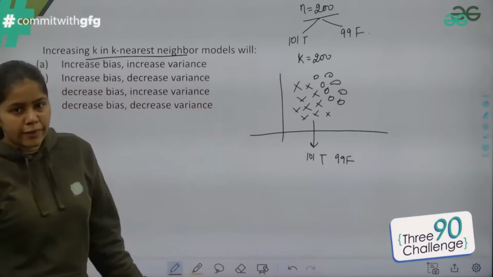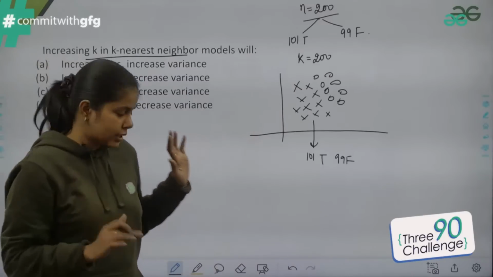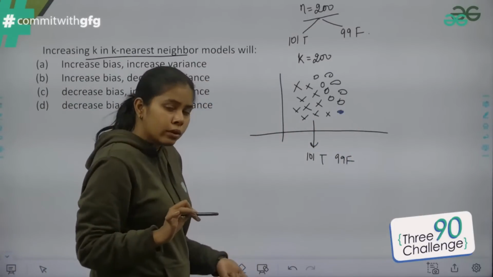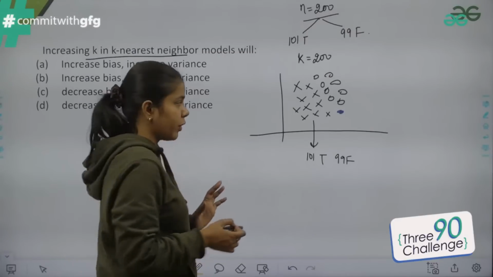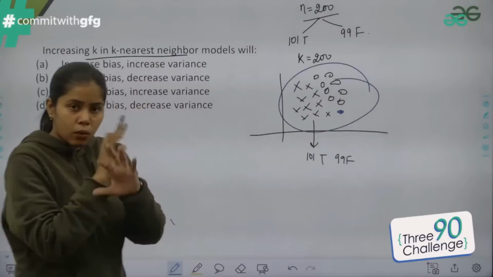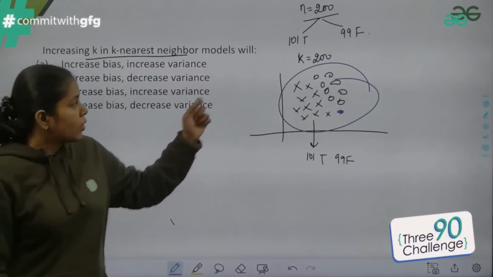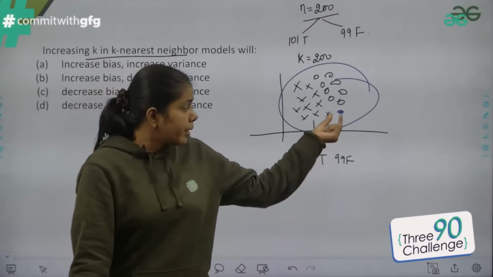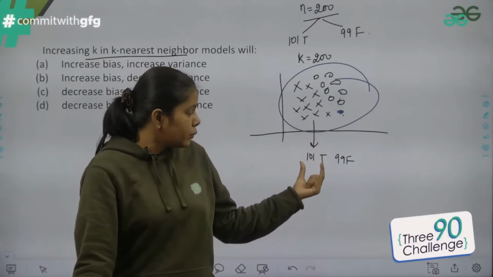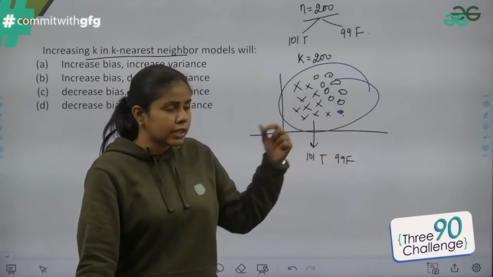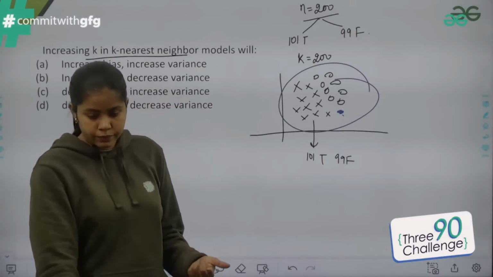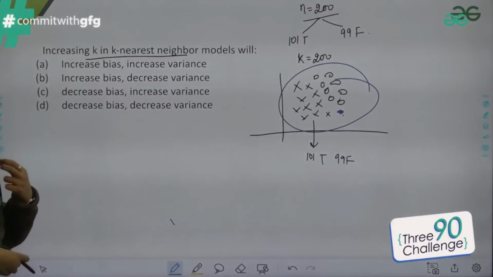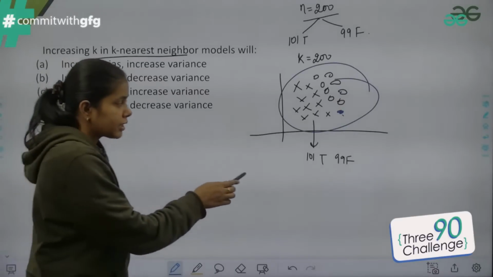And I know that we do not have to train, we just have to take a new instance. Let's suppose I take any new instance here. I want to know what the classification for this point would be. I'll take the whole data set as my neighborhood, because I have taken k equals 200. Because 101 are true and 99 are false, it would assign a true value to this point.